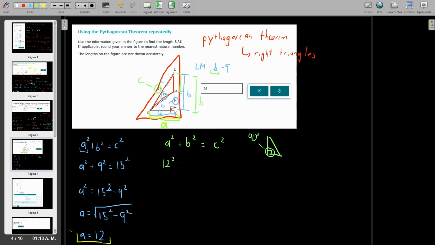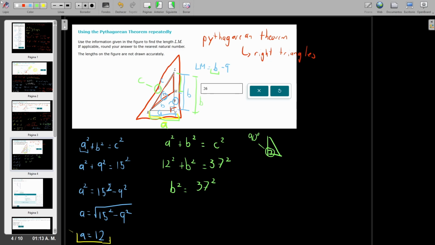Okay? Now we continue. We have found that A is 12. So 12 squared plus B squared, which we do not know, equals C squared, and C is the value of 37. 37 squared. We isolate B squared, which is going to be 37 squared plus, no, not plus. Why?